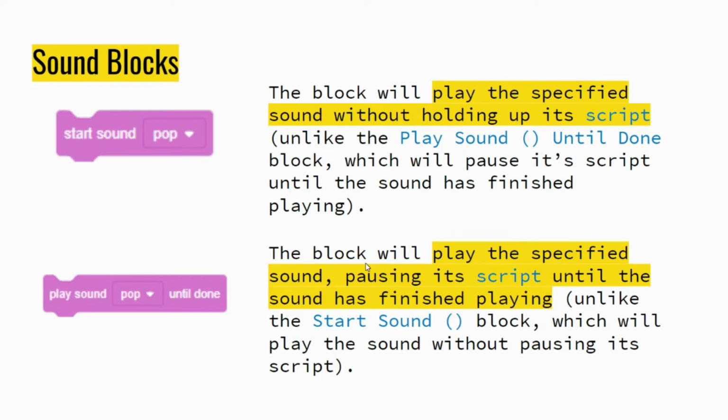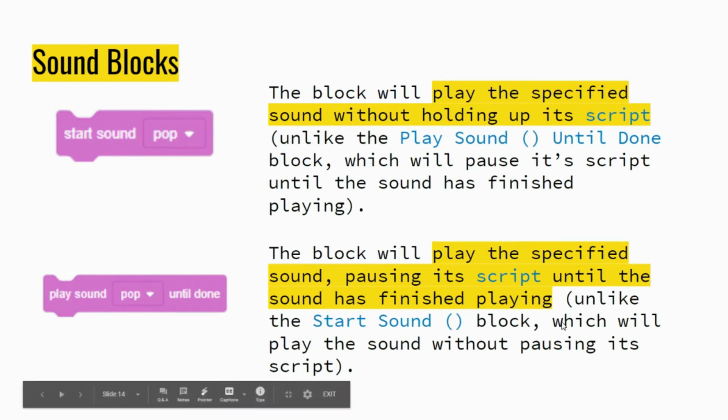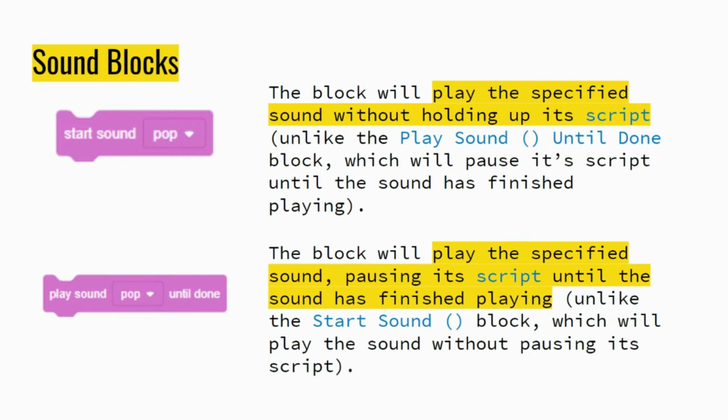This block will play the specified sound and it will pause its script until the sound has finished playing. Once the sound is playing, it will not proceed to the next codes until the sound is finished playing. Unlike the start sound block, which will play the sound without pausing its script. So that is the difference between these two codes.